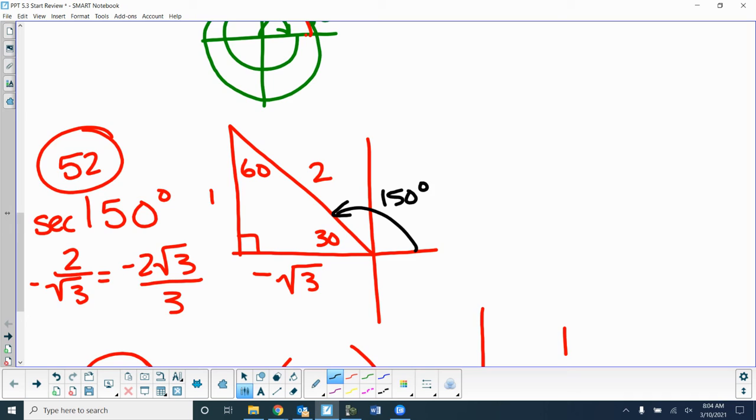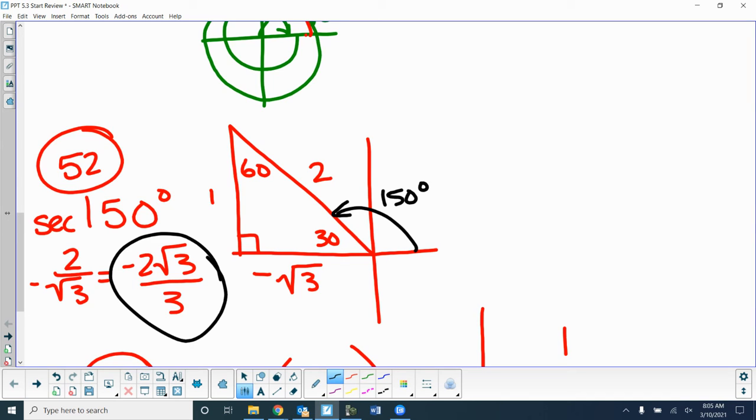Since I'm in the second quadrant, that's a negative square root of 3, and my hypotenuse is 2. So secant is the reciprocal of cosine. Cosine is negative radical 3 over 2, so the reciprocal is 2 over negative radical 3. And then radical 3 over radical 3 to rationalize it. That's the exact value of the secant of 150.